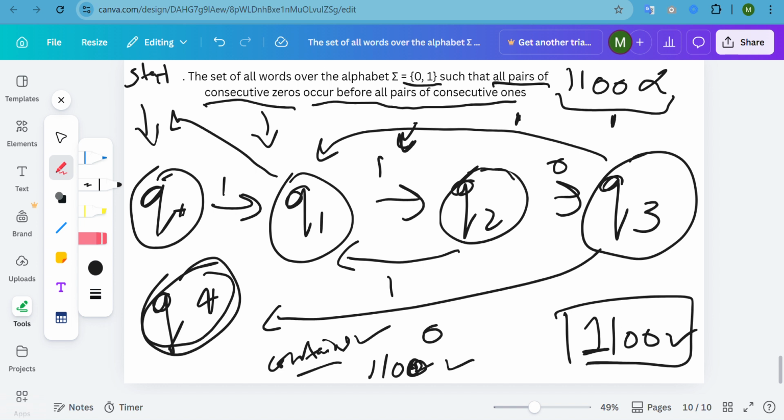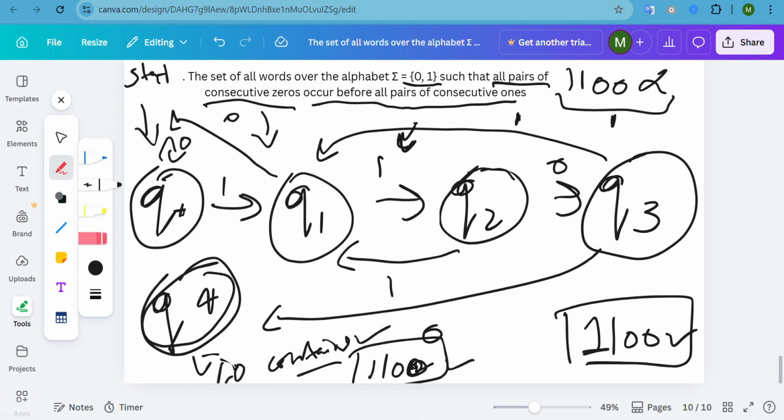But if I say, okay, read a 0, then go back and start again because you're disrupting the pattern. The pattern is 1, 1, 0, 0. And if you want to read a 0, go back. If you want to read a 0, then you can stay on this one. And here, of course, read 1, 0. This is a DFA for contains 1, 1, 0, 0.